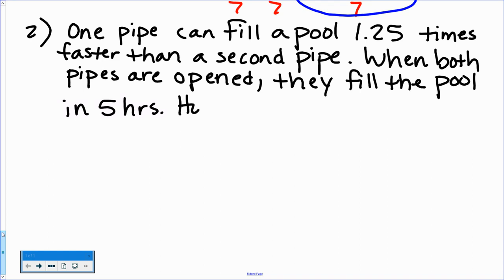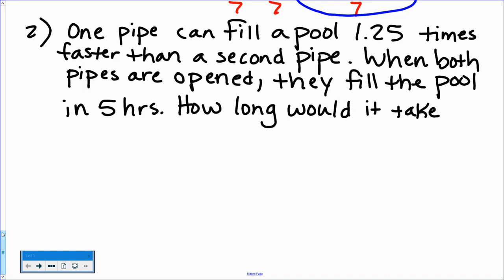Here's our question, how long would it take if only the slower pipe is used?